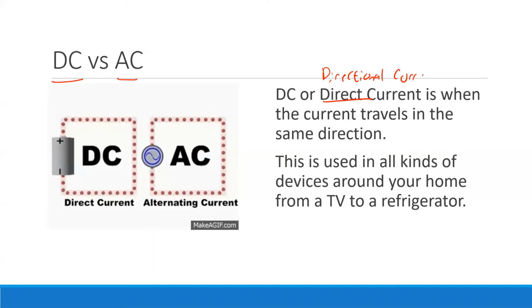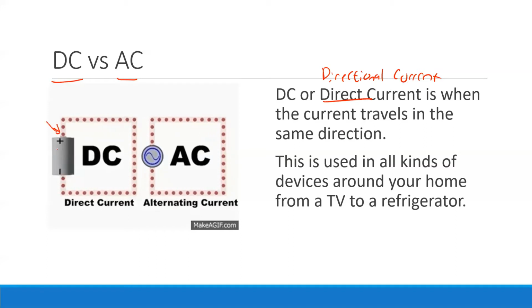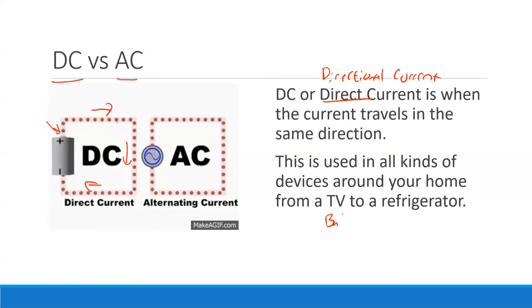What directional current is, it's when the current travels in the same direction. So if we watch in this example over here, we can see that it is always going the same way. Right? This is used in all kinds of devices around your home, from a TV to a refrigerator. This is the type of thing that batteries produce in circuits.